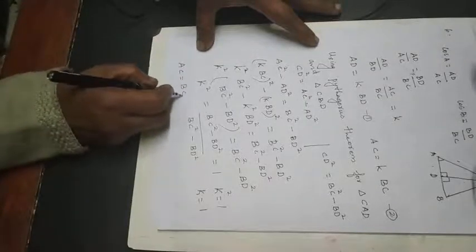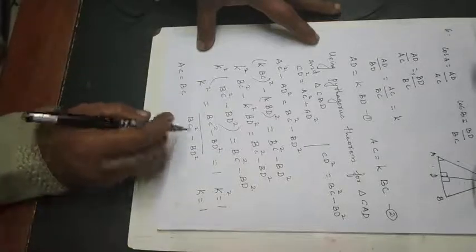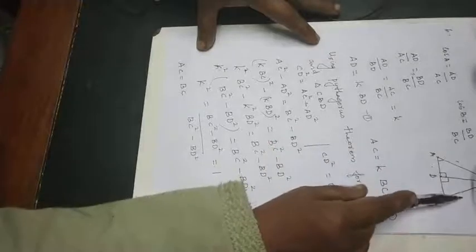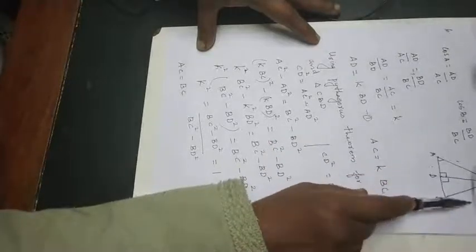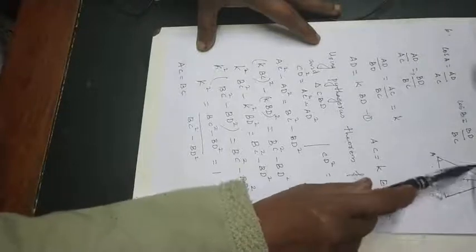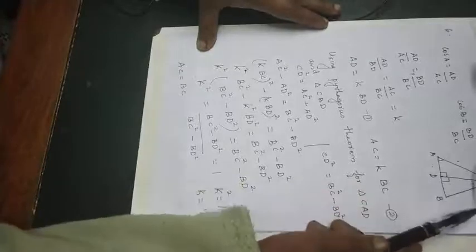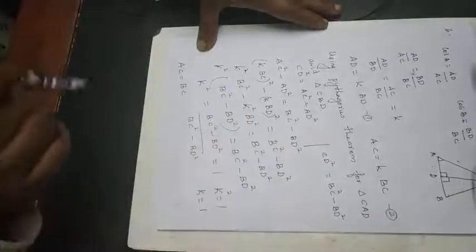So K is 1, that means AC equal to BC, and AC equal to BC means it is an isosceles triangle. ABC is an isosceles triangle. What is the property of isosceles triangle? Its base angles are equal.